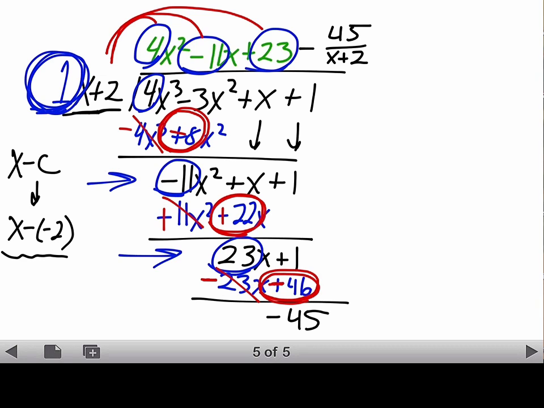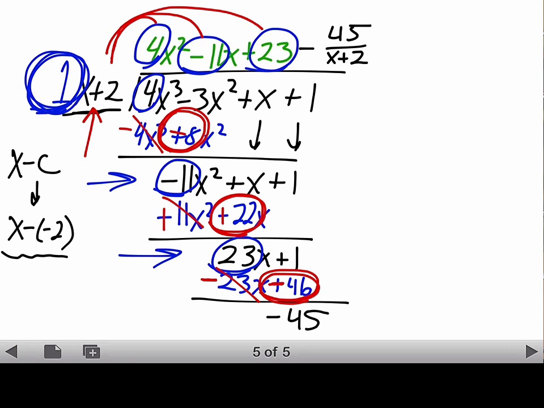Seems to me that, well, not to me, someone else came up with this, it's just my job to teach it to you. If we change the sign here once in the x plus 2, we would just have to add things without changing the signs, right?